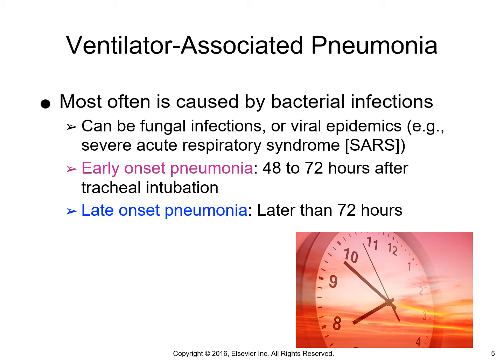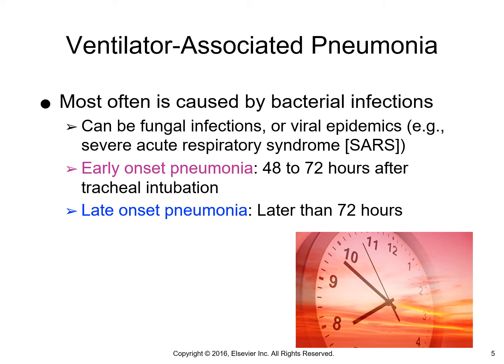Okay, so most of the VAPs are caused by bacterial infections. They can also be fungal, viral, also SARS. So early onset is considered 48 to 72 hours after being intubated. Okay, so remember the difference between these two things, the early and late onset.